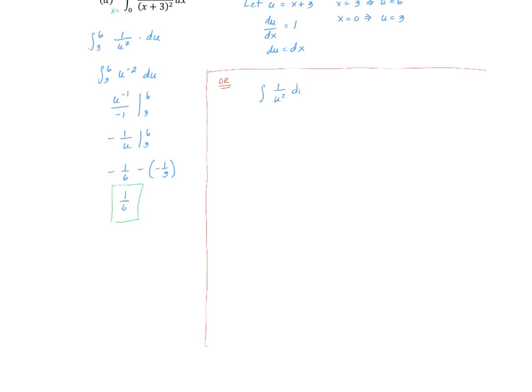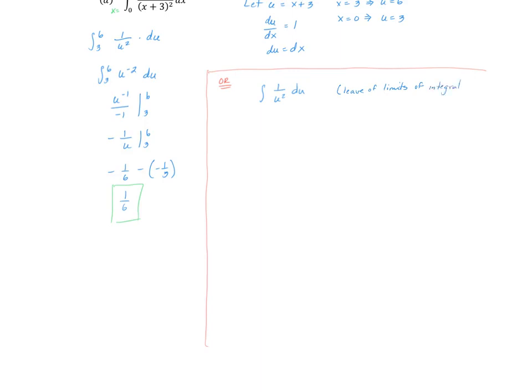So this is where we're at. If I don't change my limits of integration, I leave them off because the limit from 0 to 3 was in terms of x, not u. So you could leave off your limits of integration until you substitute back for the u.